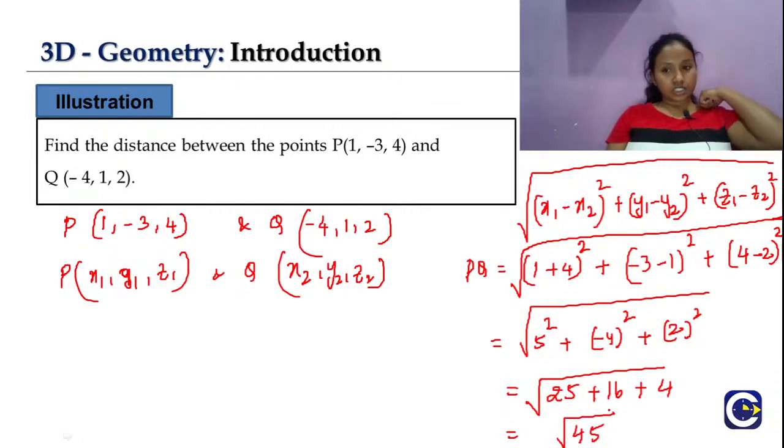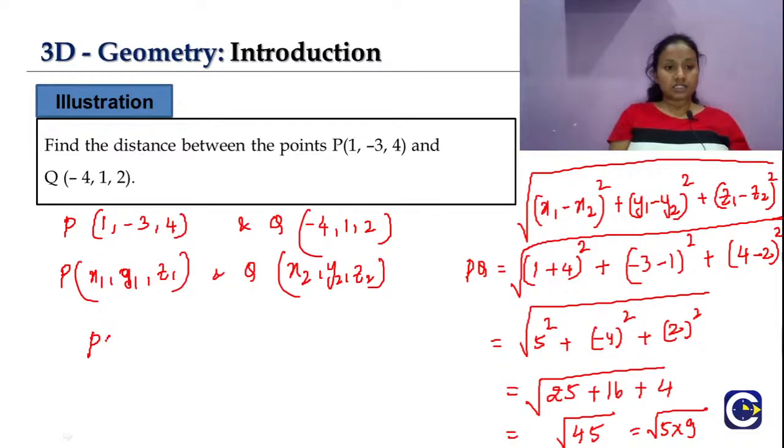So Saryu, can you just check the calculation? I hope there might be a calculation error. Here I am getting the distance as root 45, which can be written as 5 into 9, 45, which is 3 root 5.